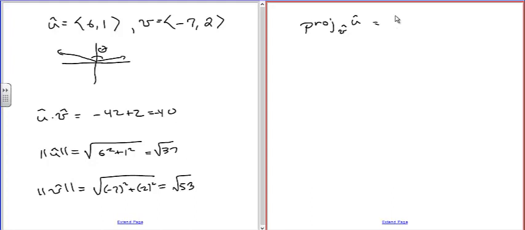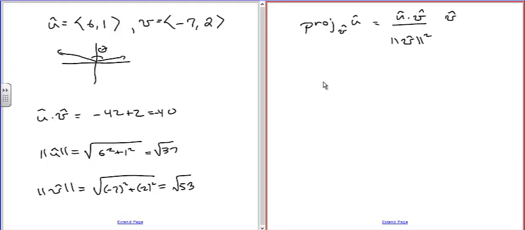And what you do is you take u dot v, so these are two vectors, that's u, not n. And instead of dividing by the magnitude of u times the magnitude of v, you divide by the magnitude of v squared. So this is a scalar and this is a scalar, meaning a number, and then you multiply by vector v, which is a vector. So this gives you a scalar times a vector.